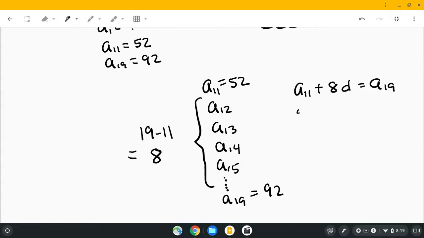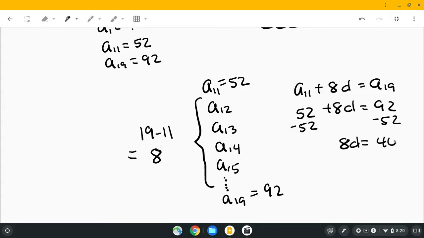We have numbers for the 11th term and the 19th term, so now we can solve for D. If I subtract 52 on both sides, I get 8D equals 40, so D equals 5.